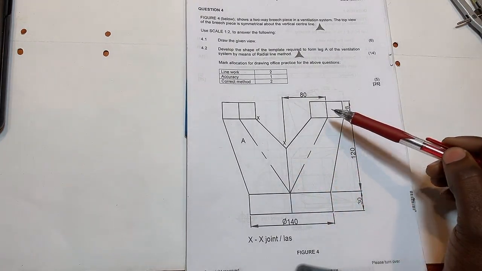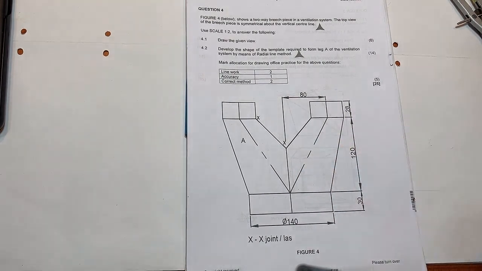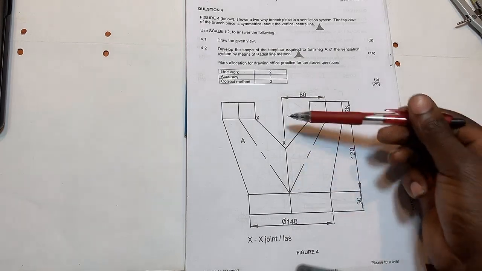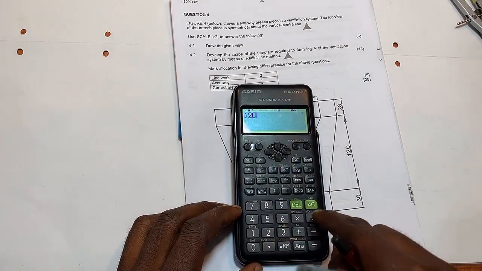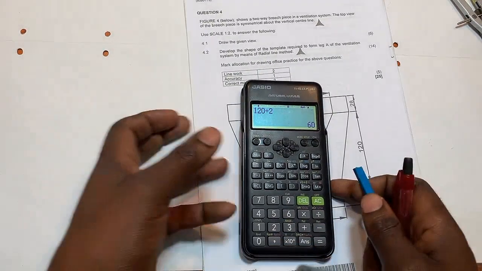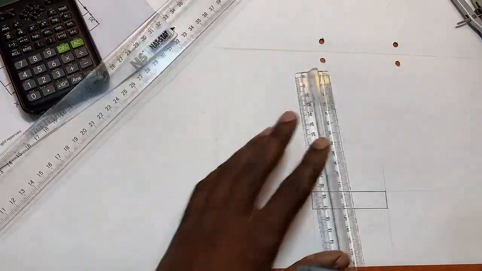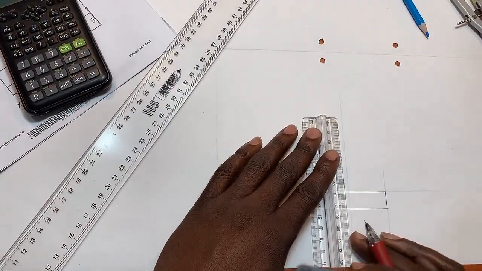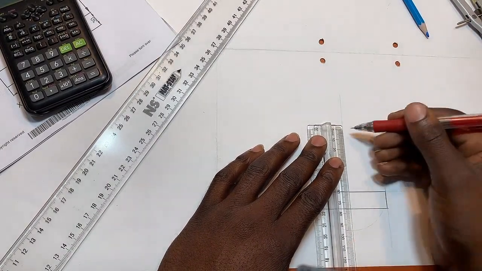We are given the height, from here till here, 120, using a reduction scale. Don't forget, 120 divided by 2, you're getting 60. So this 60, I'm going to record going vertically up. There is my 60.